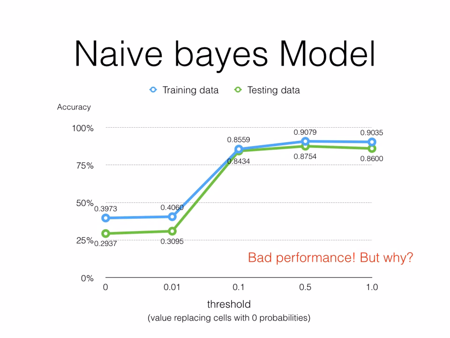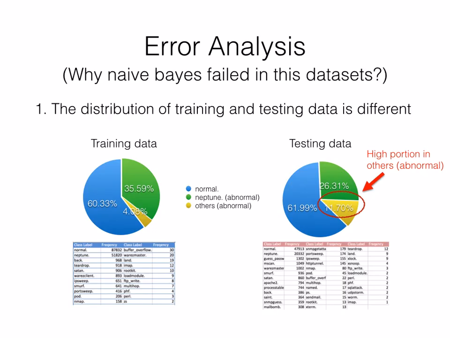But why is that? I would like to discuss this. The first thing I found is about the distribution of the training and testing data sets. You can find that they are fairly different. In the training data, around 40% is normal, and in the testing data set it's also around 40%.